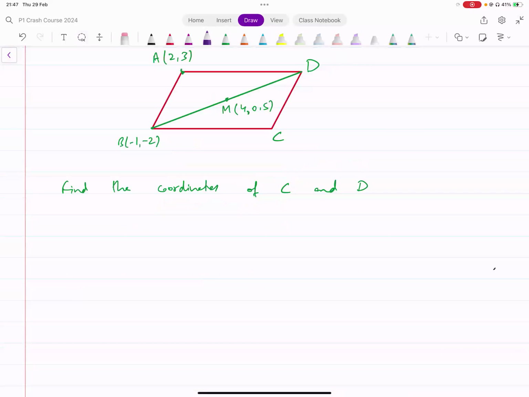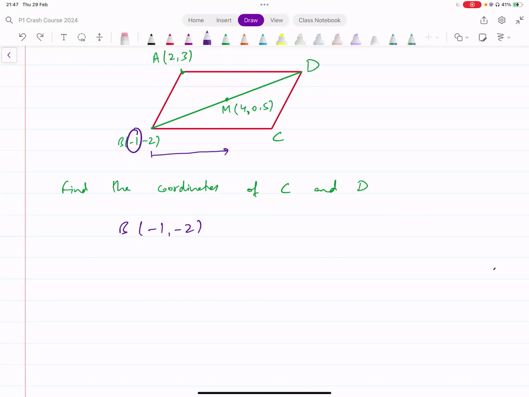We can say M is halfway from B to D, right? What we want to do is find the coordinates of the point D. The coordinates of B are minus 1 and minus 2. How much do we have to go to the right? To go from point B to point M, we have to go from minus 1 to 4. That's 5 units.